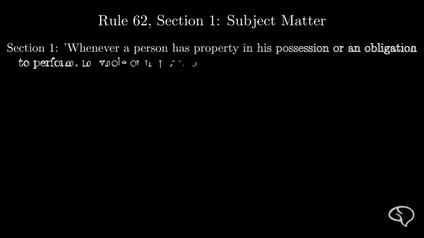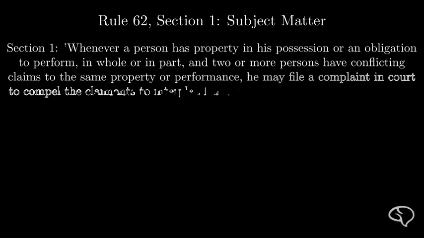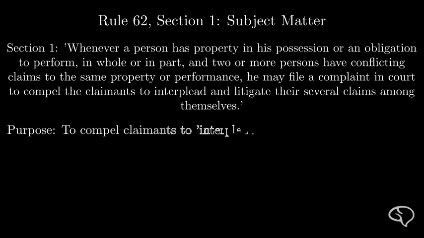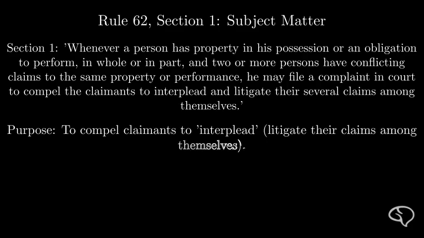So the rule applies when you have property or an obligation, and multiple people are claiming it. The purpose of this complaint is to compel the claimants to interplead, meaning to litigate their claims against each other. The stakeholder is essentially asking the court to resolve the dispute for them.